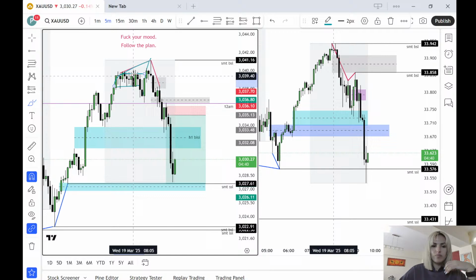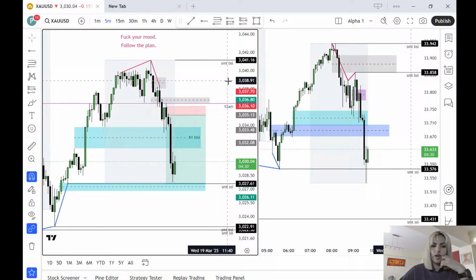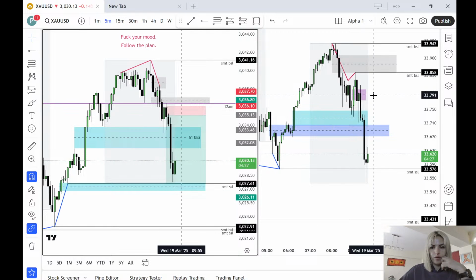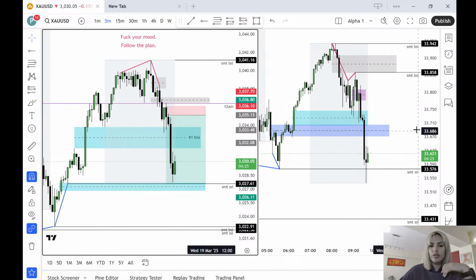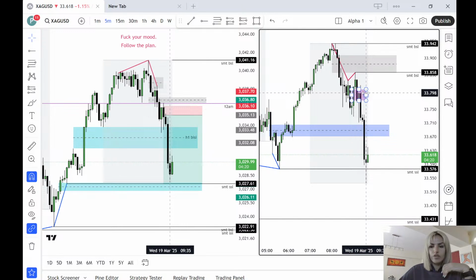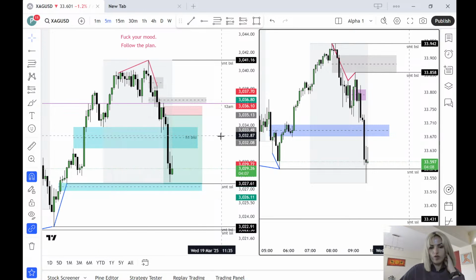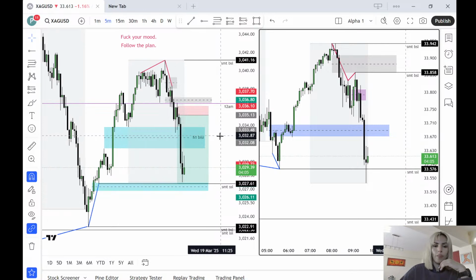And exactly what I was mentioning at the beginning of the stream, where it's important to mark the higher time frame liquidity areas, but it's also extremely important to mark the lower time frame minor liquidity areas, because those are going to be the areas where you're actually going to be able to have intraday entries, from an intraday perspective on the lower time frames, 1 minute, 5 minute.